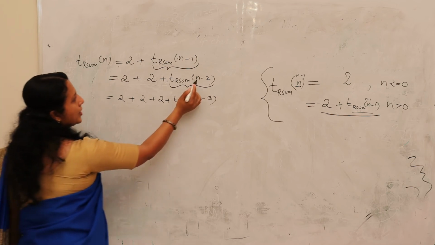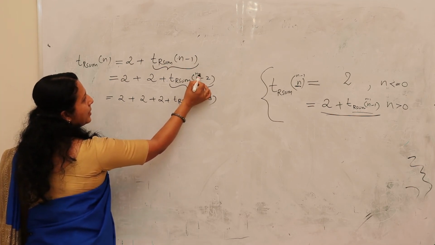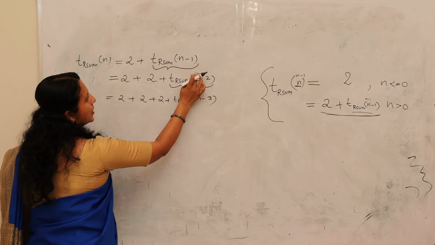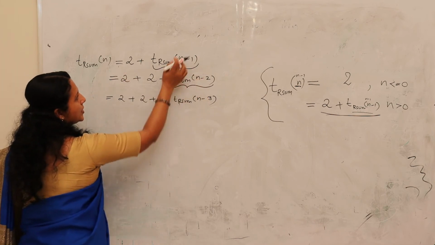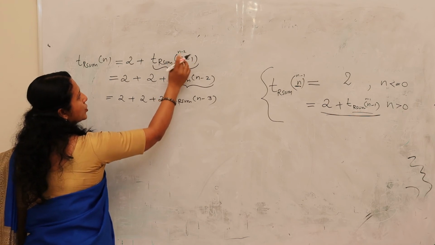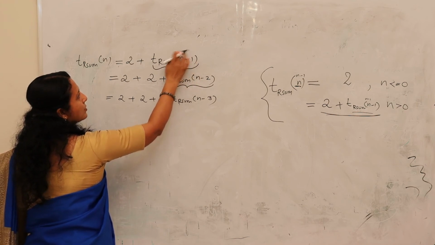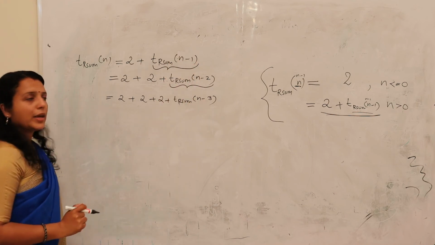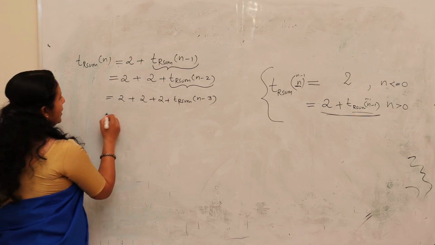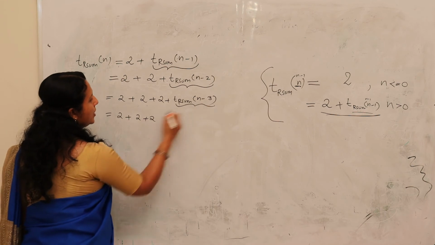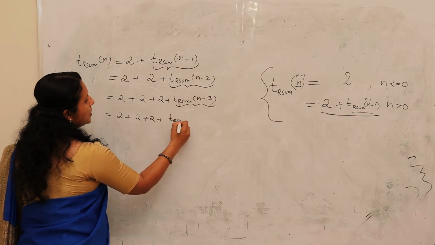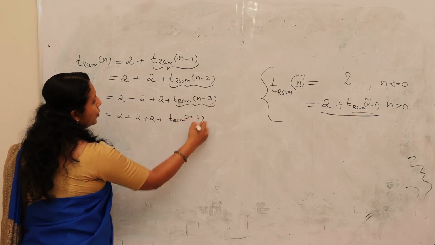That means you are replacing this n with n minus 2, so you will get n minus 2 minus 1, n minus 3. Okay. Here also likewise I will do one more step. Now you have to solve this one. Next time you will get TRsum of n minus 4.